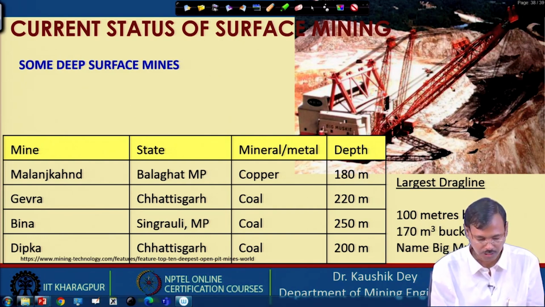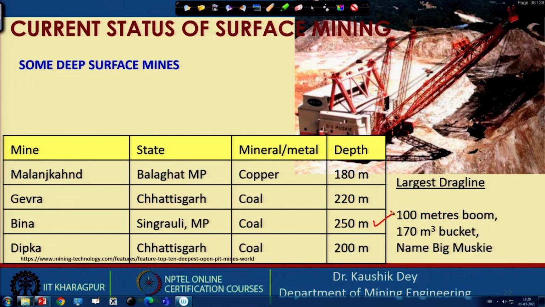You can see the Bina mine is the deepest mine of the country, and Malanjkhand is a big project. Gevra, Bina and Dipka, Gevra and Dipka, these are 40 million tons projects. This is the photo of the largest dragline, which has a 100 meter boom and a 170 cubic meter bucket, and this dragline's name is Big Muskie.